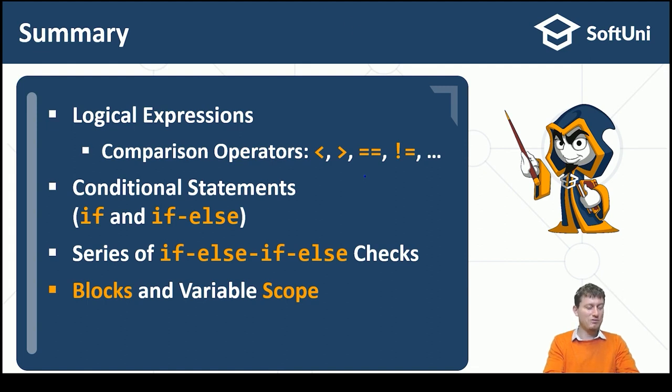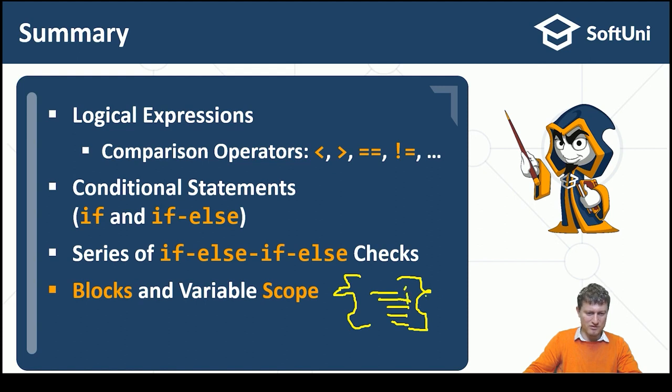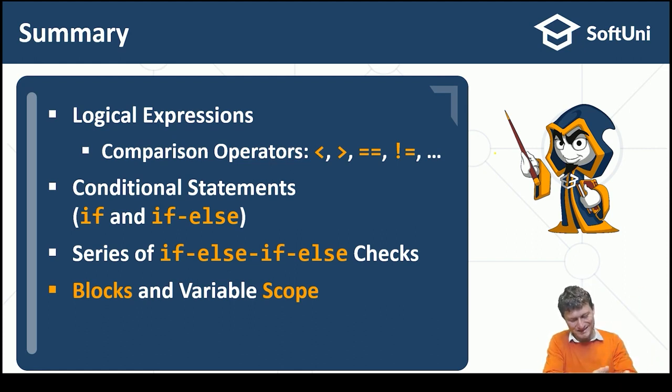Okay, and we explained what is a block, this thing which starts from the opening curly bracket and continues and holds some commands, 0, 1 or more, with semicolon after that, and stops with the closing curly bracket.